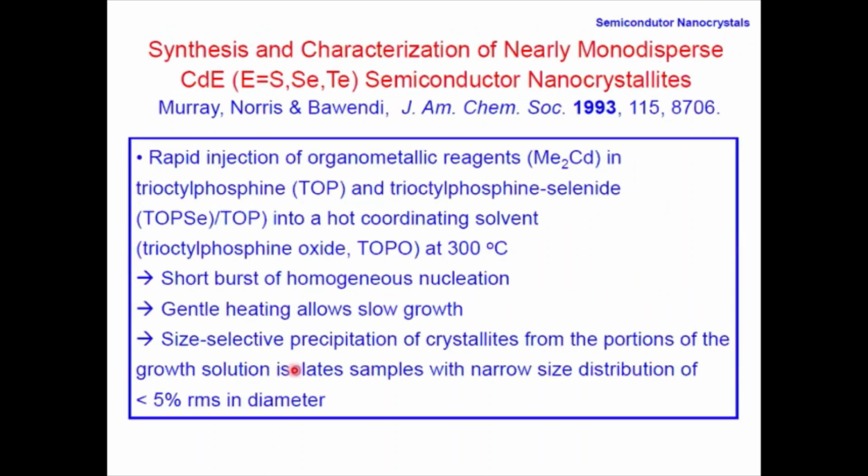Now I come to specific material preparations using these wet chemical processes. This is a classic paper presented by Murray et al. for the synthesis of cadmium sulfide or cadmium chalcogenides in semiconductor form.